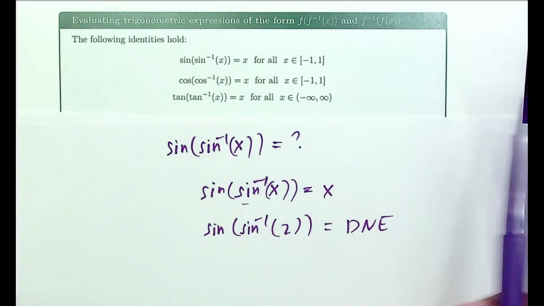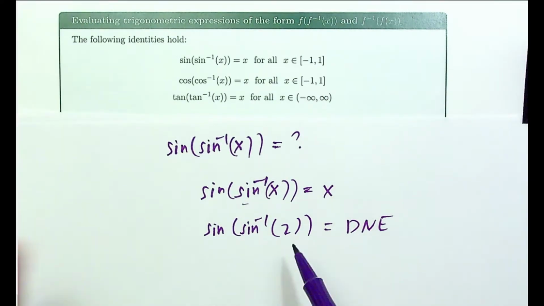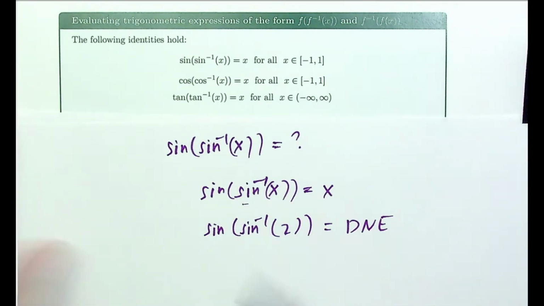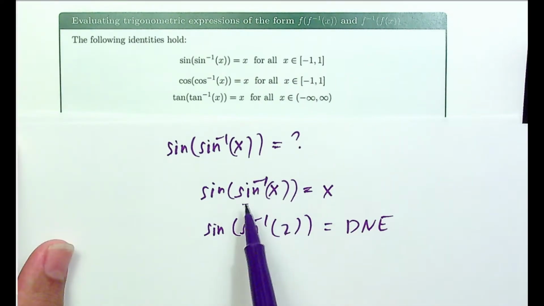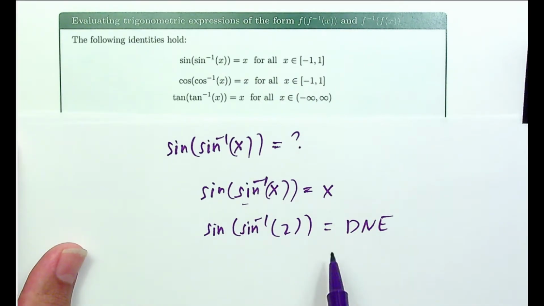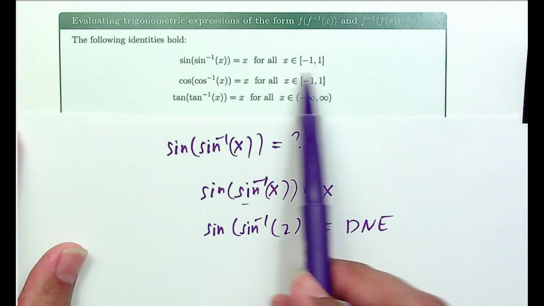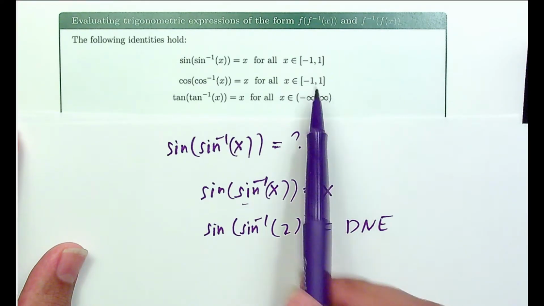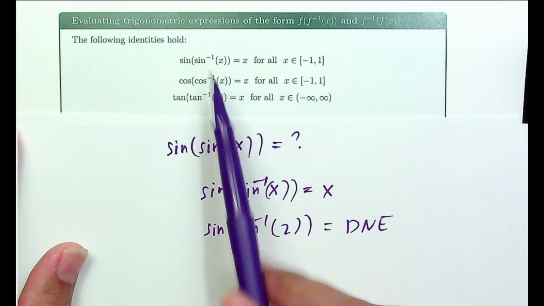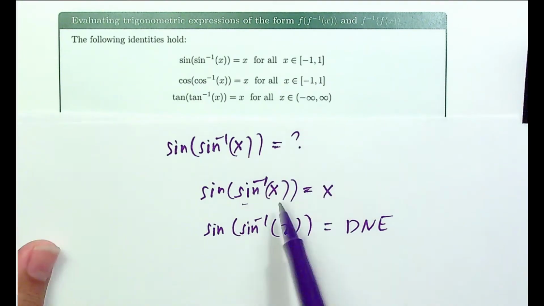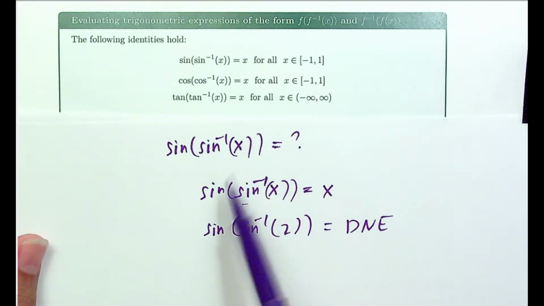So that means that sometimes it's going to be nonsense, sometimes it's going to make sense. And in the case in which it makes sense, they do cancel each other out. So there's only two possibilities when the inverse function is inside: either the expression doesn't make any sense at all because the input is not within the domain, between -1 and 1 for the case of sine inverse and cosine inverse, or it is in the domain, and in that case, they automatically cancel each other off.